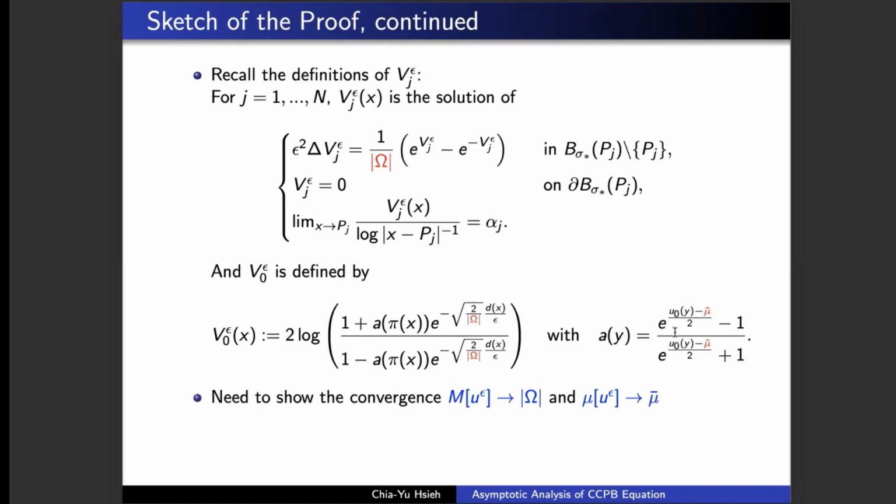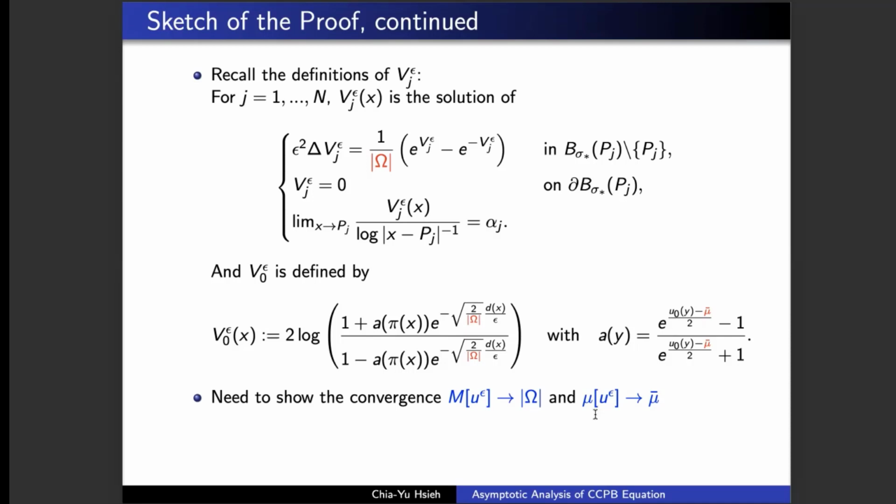Okay, so compared to our asymptotic behavior result, what we want to show is that m will indeed converge to the measure of omega, and mu will converge to the constant mu bar.